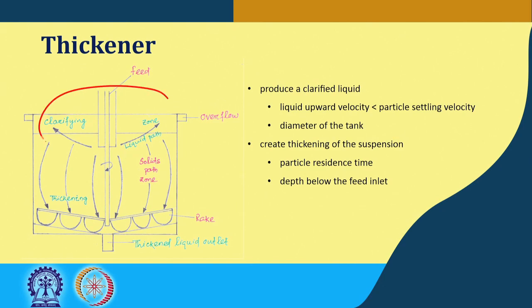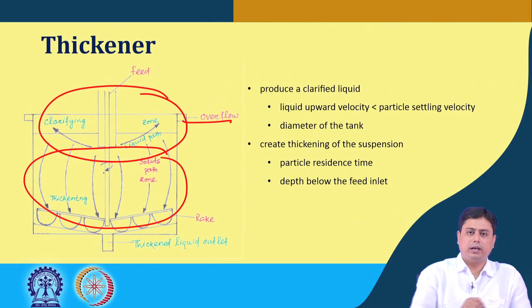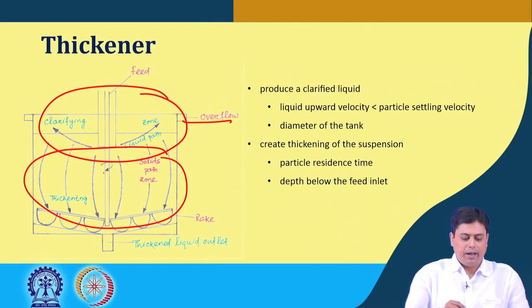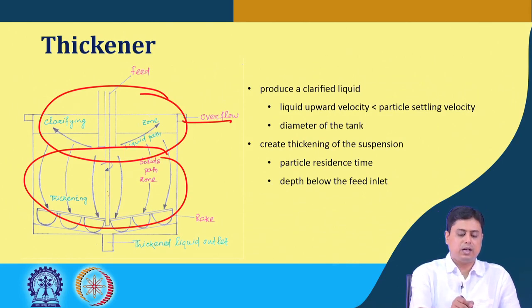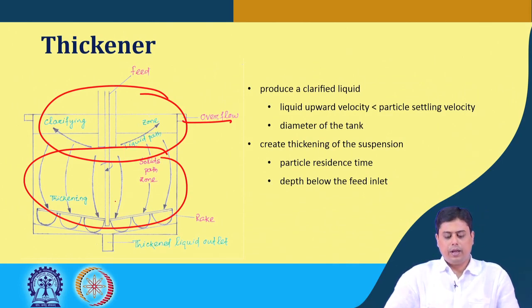In practice we have the upflow condition, where the clarified liquid flows and is taken out from the vessel, called the overflow, and the downward motion of the solid particles, or the downflow region, where the solid particles settle. There is a stirrer, and we have discussed earlier that it actually reduces the apparent viscosity of the suspension.